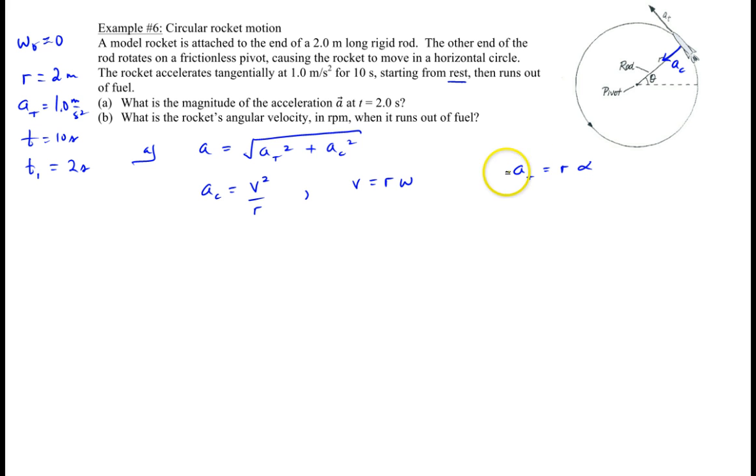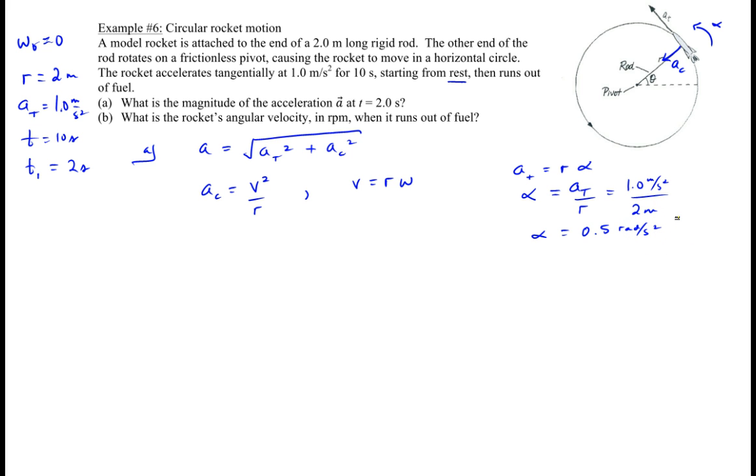So we could figure out the angular acceleration with the tangential acceleration divided by the radius. That would be 1 meter per second squared divided by the radius, which is 2 meters. That means that this thing is rotating at an angular acceleration of 0.5 rads per second squared.